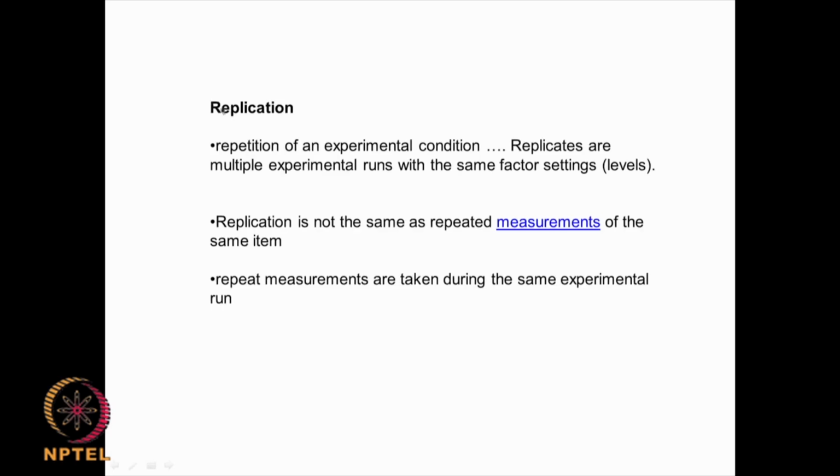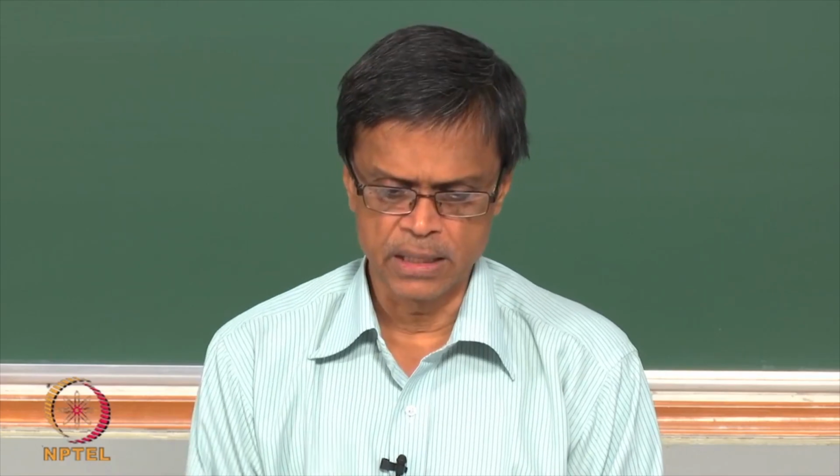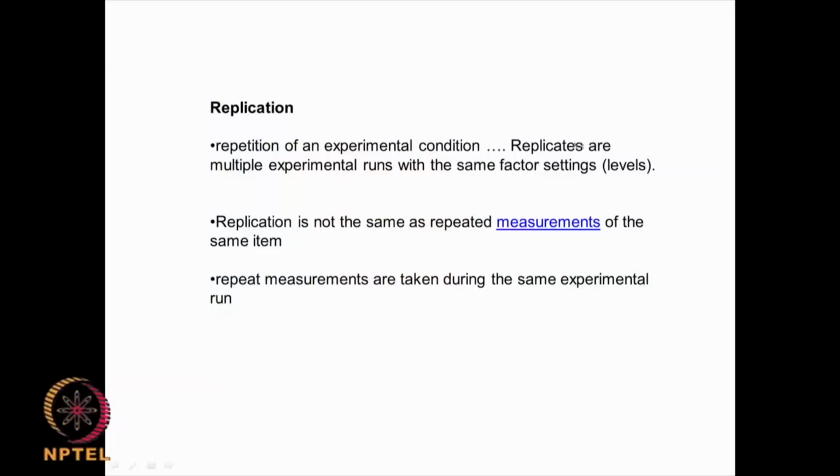Okay. Now, let me introduce something called replication. Replication is a repetition of an experimental condition, like when I am doing a bioprocess experiment. I do the reaction with the media 1 and finally find out the biopolymer quantity. Again I do the reaction from the beginning. So, that is repetition of an experimental condition.